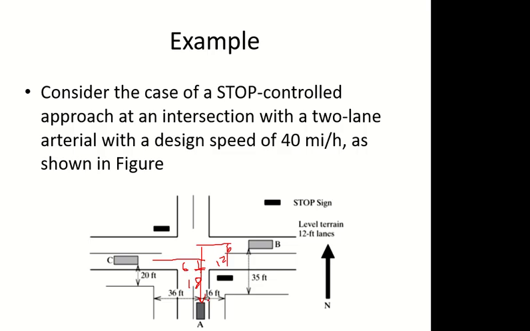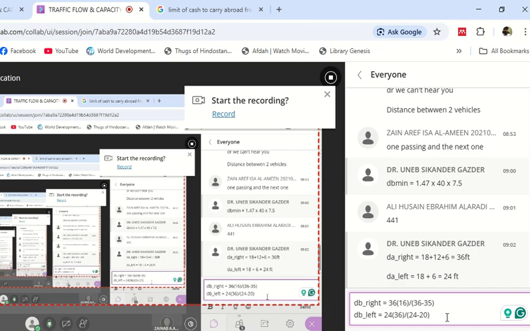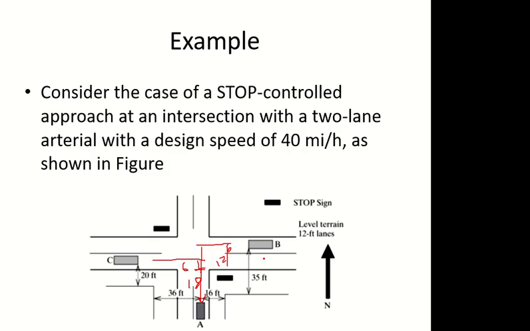Sorry, this one is the other road, right? So dA was 36 feet and A is 16. That's fine. And then we have dA minus B. So dA is 36 minus B, which is the roadside obstruction for this one.